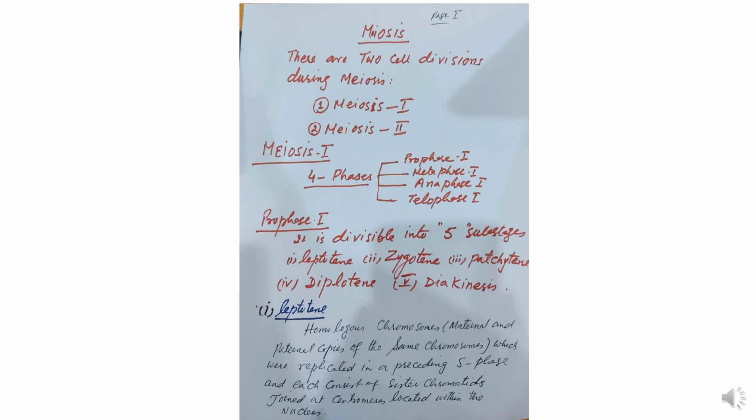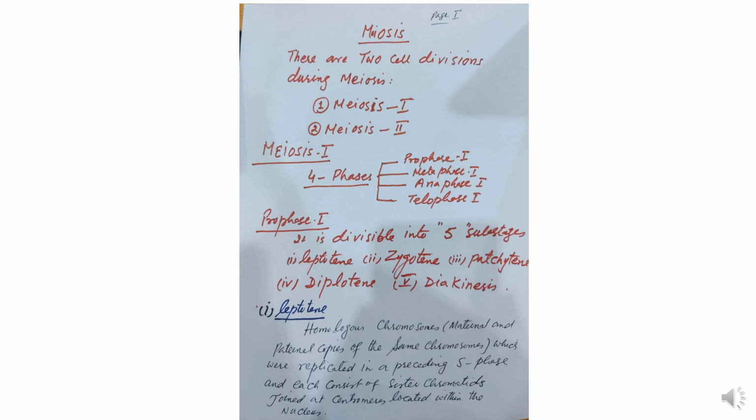The cell has 46 chromatids, and each develops its sister chromatid, as we have discussed in mitosis. So that becomes 92 chromatids.